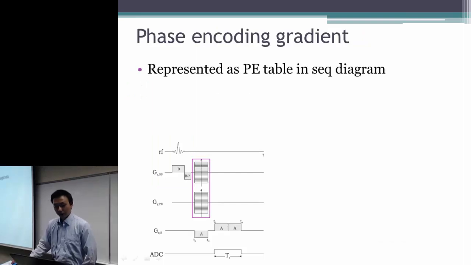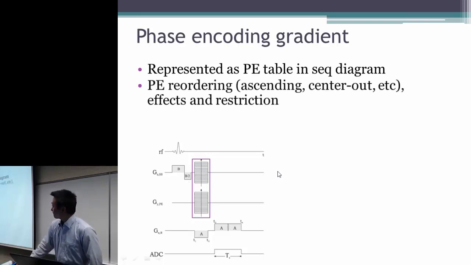So for the phase encoding gradient, in the sequence diagram, it is represented as the phase encoding table. There may be different phase encoding reordering schemes, for example, the ascending or descending acquisition of the K-space lines, or the center out.